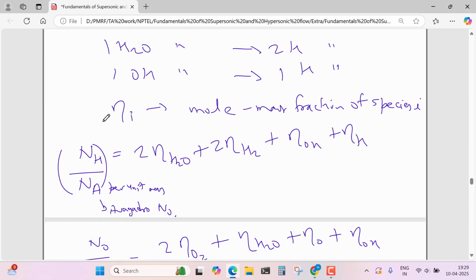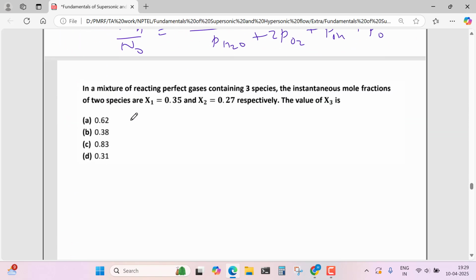Now we will see the next problem. A mixture of reacting perfect gases contains 3 species. The instantaneous mole fractions of 2 species are x1 equal to 0.35 and x2 equal to 0.27 respectively.